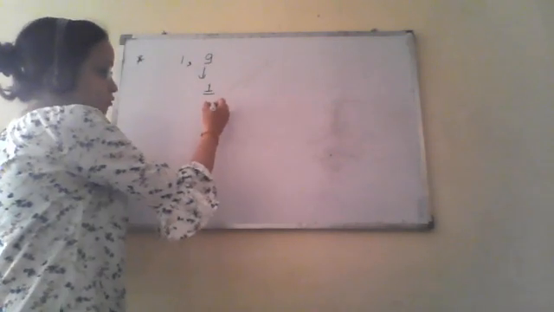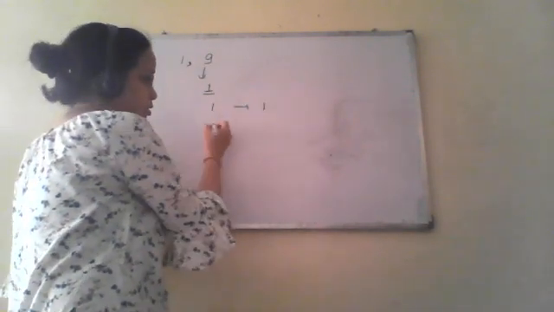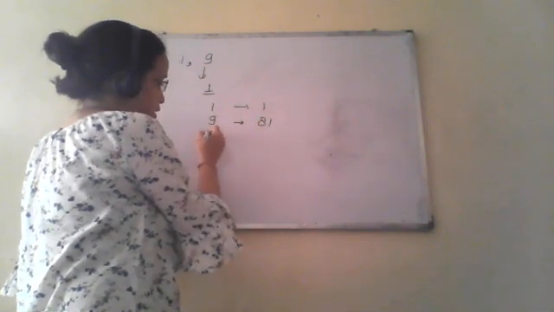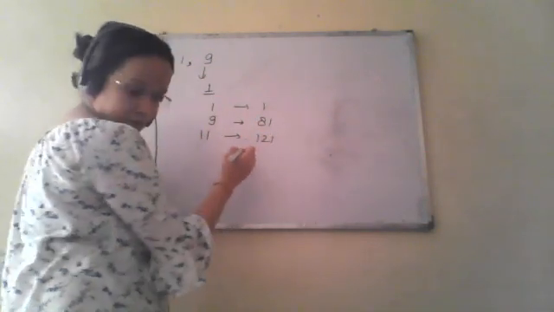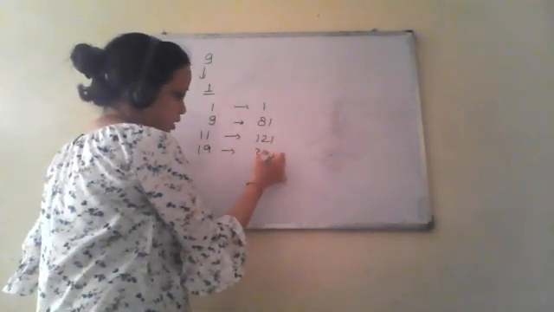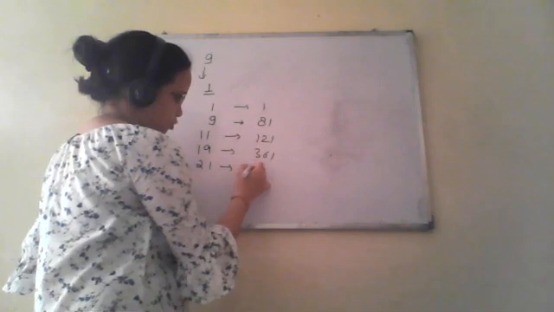So now we can check. If we have 1, its square is 1, then 9, its square is 81, square of 11 is 121, square of 19 is 361, square of 21 is 441.